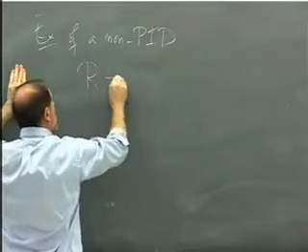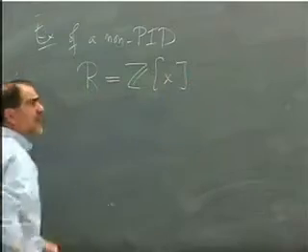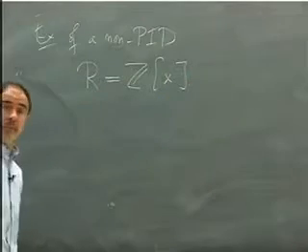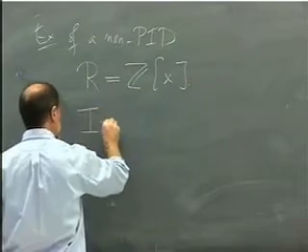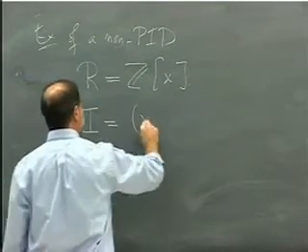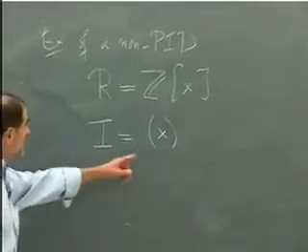Namely, take the ring R to be polynomials in a variable over the integers. Now, take the ideal I to be the principal ideal generated by X. Now, this is a prime element.